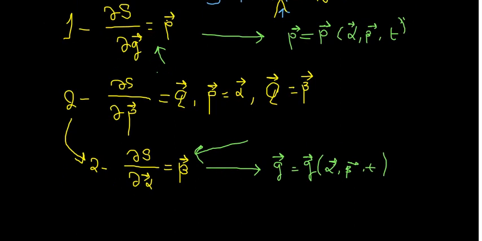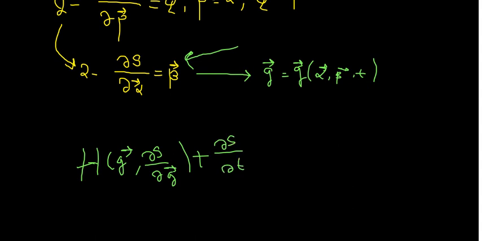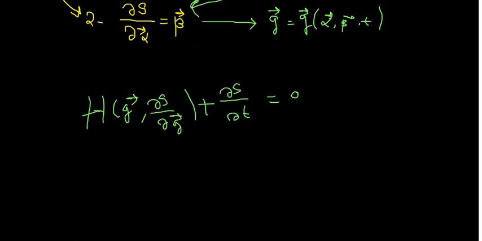If we have the Hamilton Jacobi equation written down in this form, h as a function of the vector q and partial s partial q, but there's no time dependence, plus partial s partial t equals 0, this tells us that we can write s in the following form, which is going to solve our Hamilton Jacobi equation: W as a function of q only, a function of space, minus alpha, which is a constant, times t.